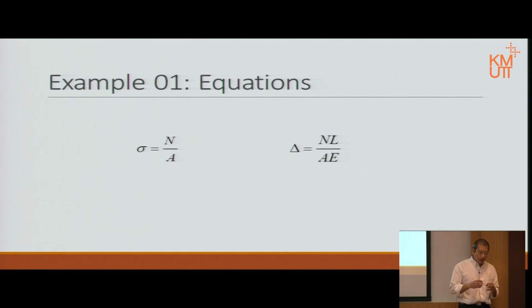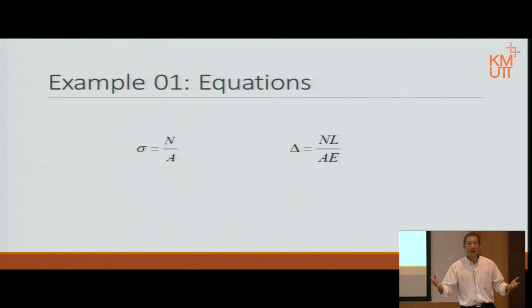If we look at this, for A, we know they give us the cross-section area, rectangle, circle. We can calculate A. We can calculate N because they give us the forces. We are very good at equilibrium by now, so we can calculate the N's. E, the Young modulus, the question also gives them both. The length, they also give us.